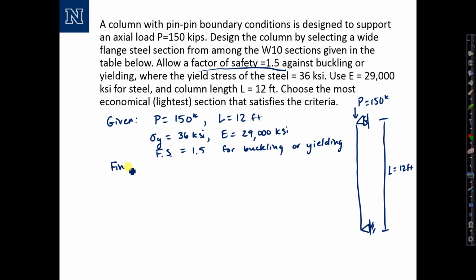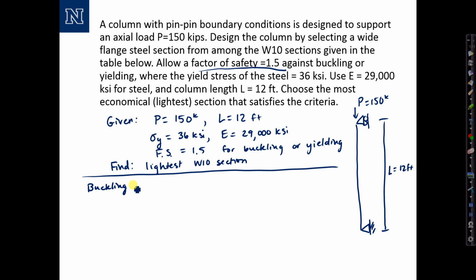We are to find the best or lightest W10 section that satisfies the criteria. So we have to evaluate both buckling and yielding criteria. We'll start with buckling. The buckling criteria is that the actual P, the design load P, has to be less than or equal to P crit divided by the factor of safety.